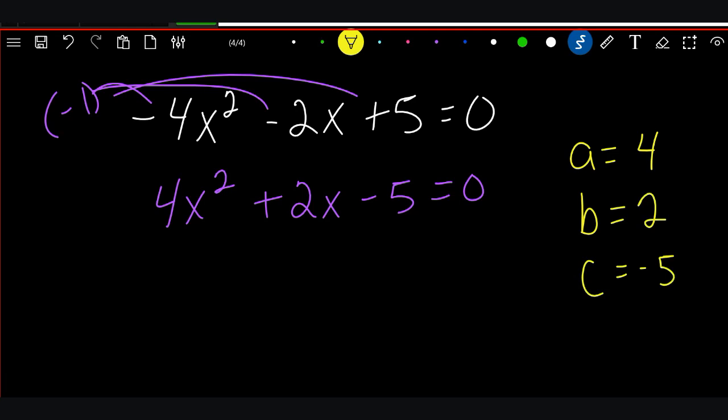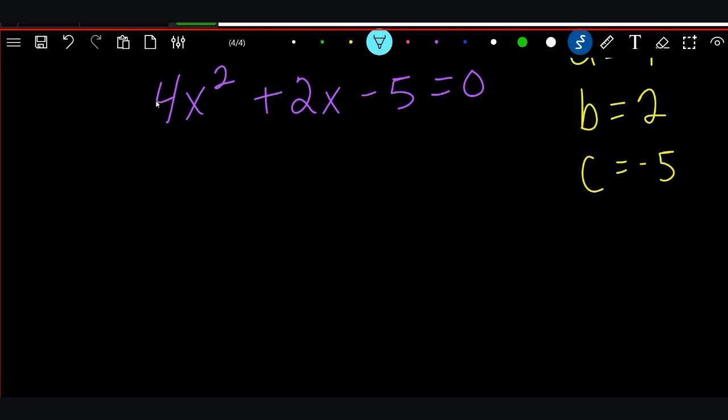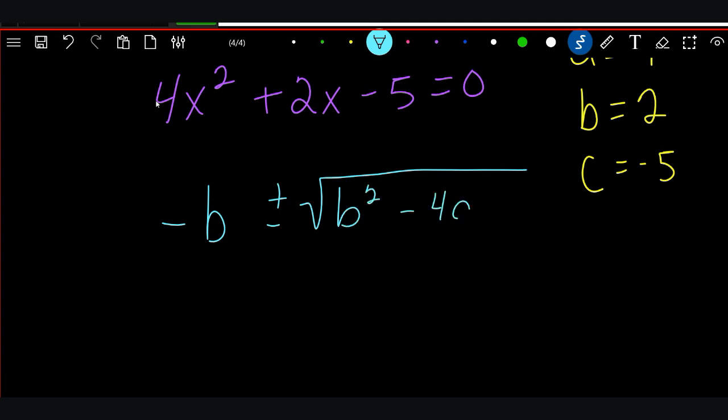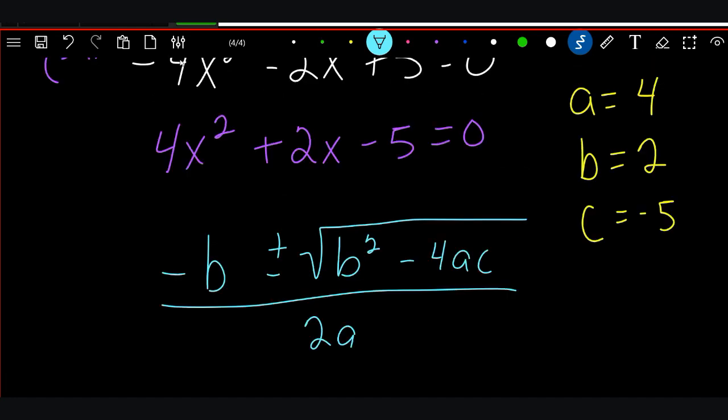So there we go. Now we want to plug into our formula. Well, let's write our formula so that we can plug into it. Do you remember it? Okay, minus B plus minus the square root of B squared minus 4AC, all that over 2a.